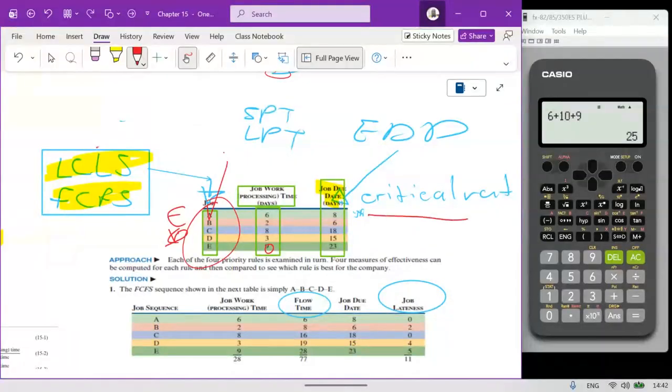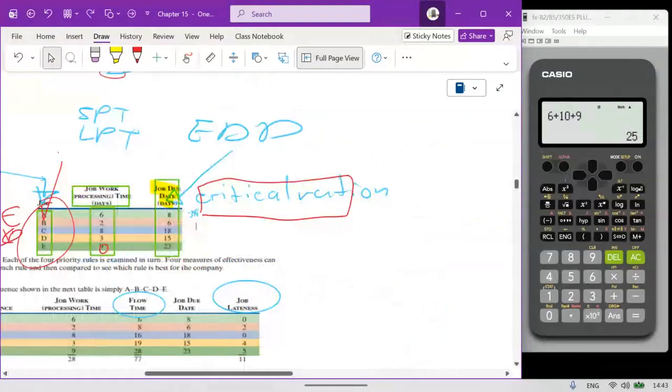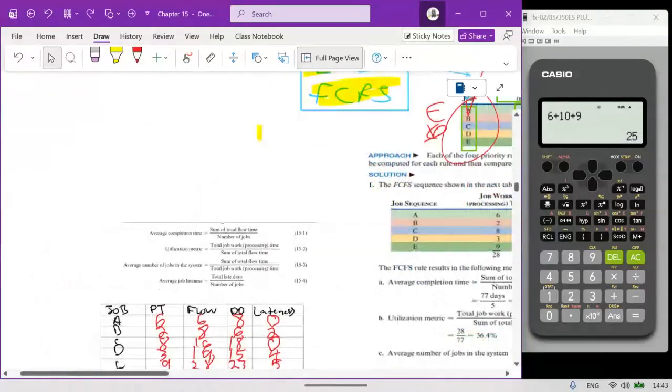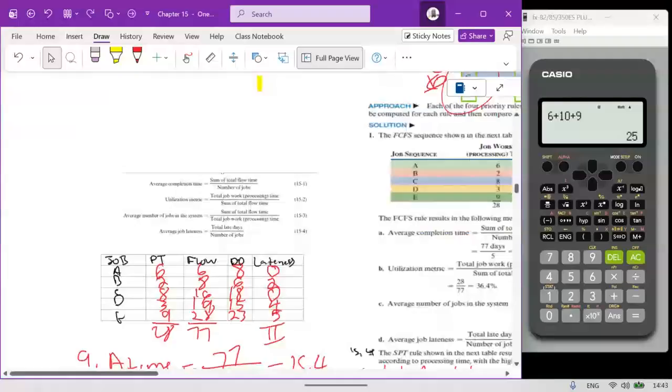You calculate the critical ratio there, then use it from lowest to highest, and sort by that critical rating. Okay, easy stuff. This is nice, free marks. And then we have an example.